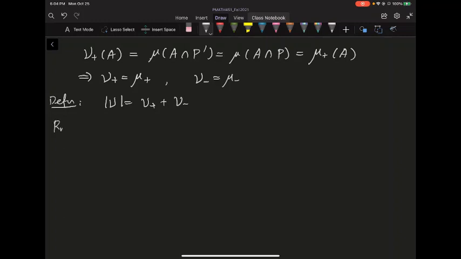And you can probably see how this relates to our definition of mu null. If A is a mu null set, that's essentially saying A is a null set under the absolute value of mu. So it's mu absolute value null.